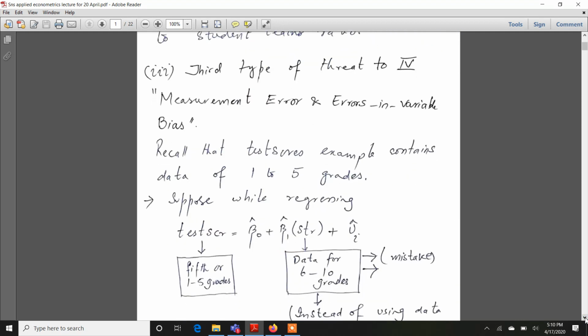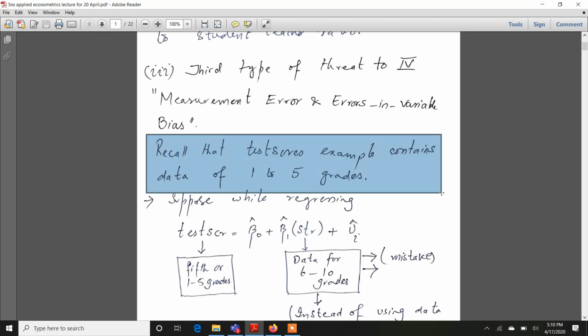For example, let me help you recall the scenario where we were regressing test score on student-teacher ratio, like how test score in a class depends upon student-teacher ratio. Suppose this scenario requires the use of data for grades 1 to 5.